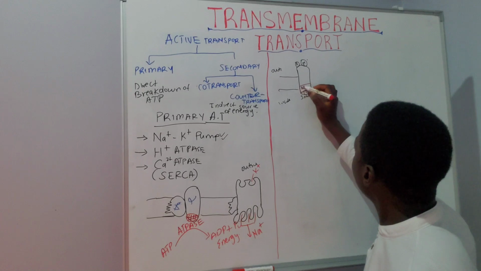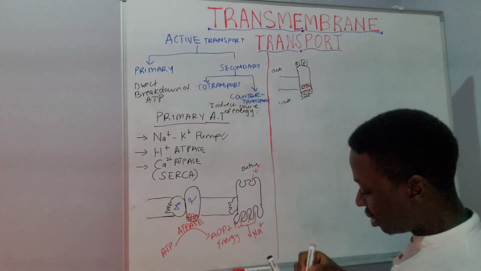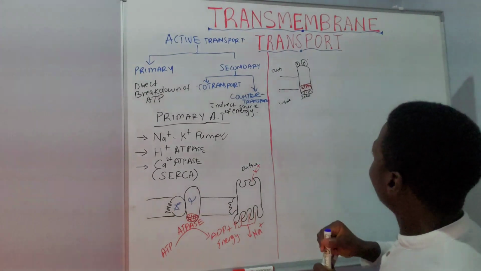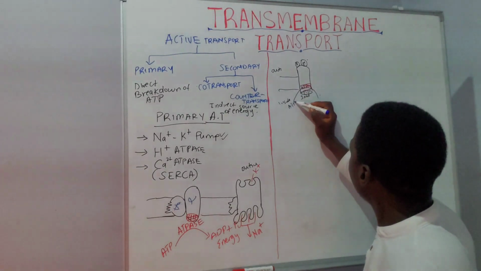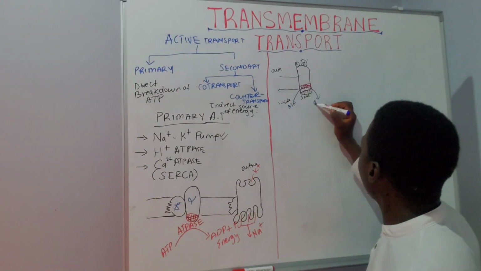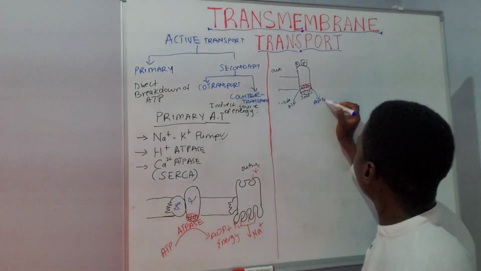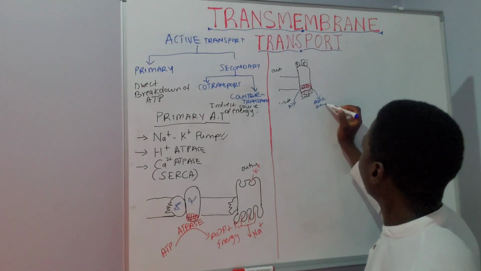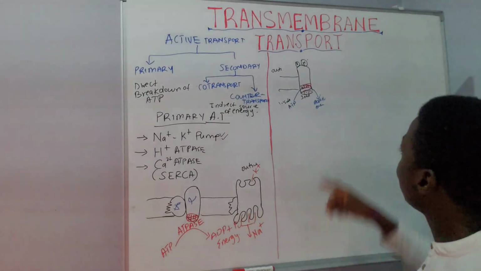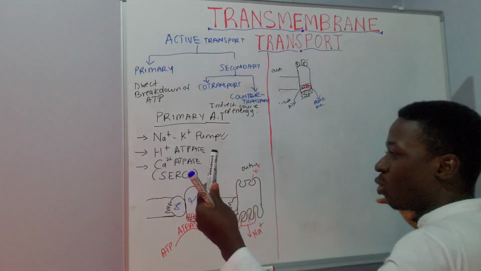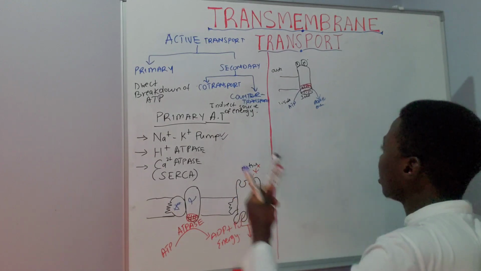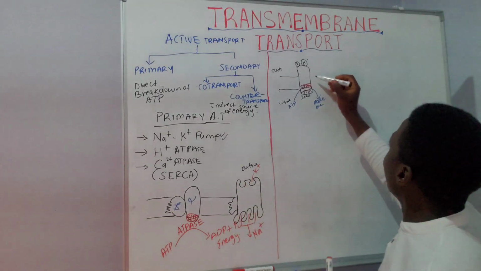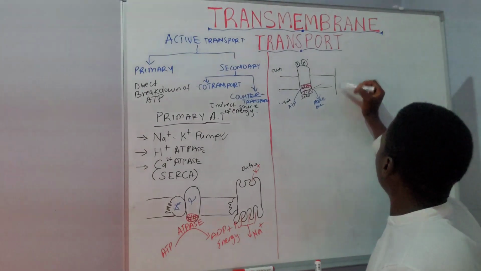When this enzyme is activated, it cleaves this molecule of ATP to ADP plus the inorganic phosphate and releases energy. This energy is utilized to cause a conformational change, and this conformational change results in the movement of this molecule.